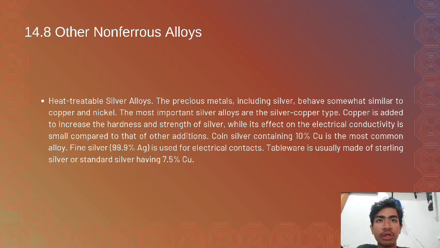Copper is added to increase the hardness and strength of silver, while its effect on the electrical conductivity is small compared to that of other additions. Coin silver containing 10% Cu is the most common alloy. Fine silver is used for electrical contacts.